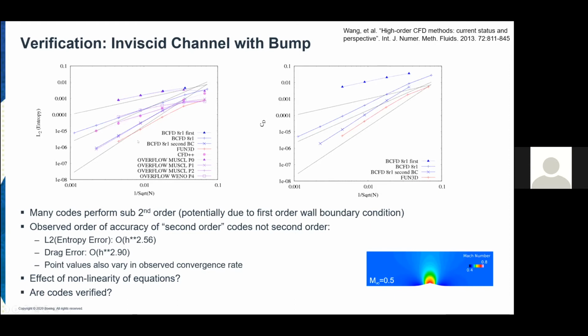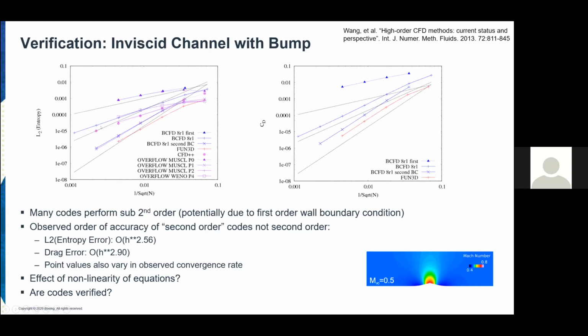But when we look at results for the L2 norm of entropy, we've got a first order reference curve, a second order reference curve, and a third order reference curve. We see that many of the codes that are supposed to be second order behave second order, but some of them, for example this purple one with the blue dots, which happens to be CFD++, or this blue with pluses, which happens to be BCFD, both show more first order behavior.